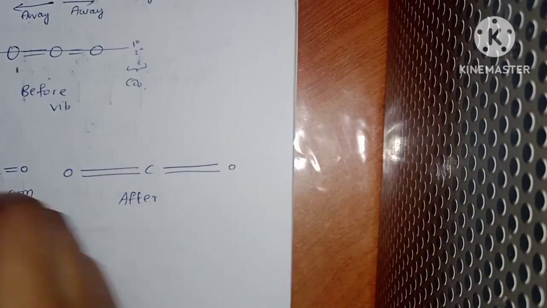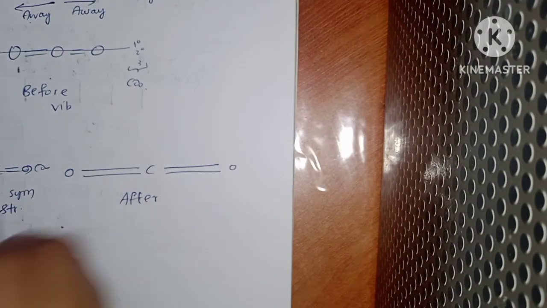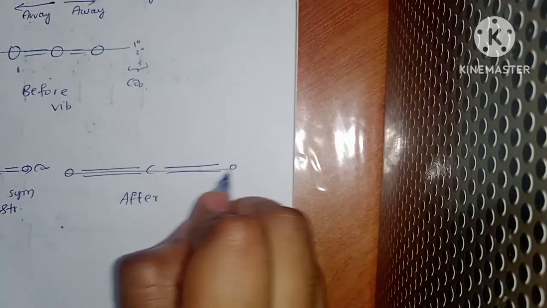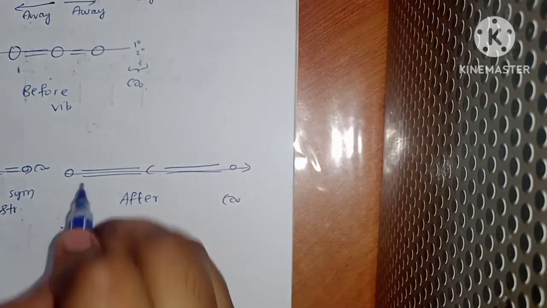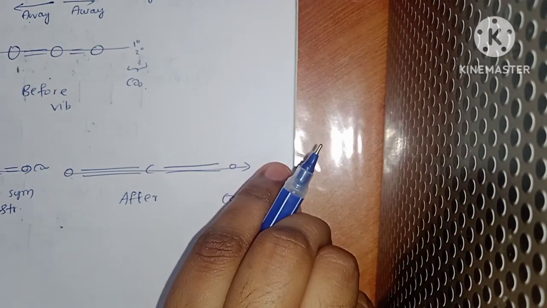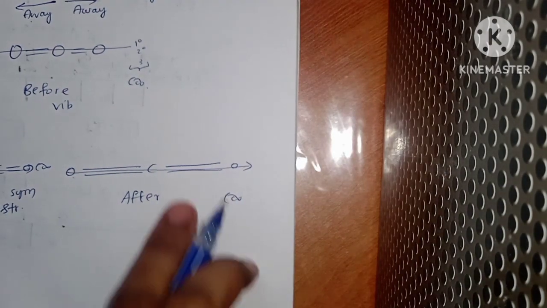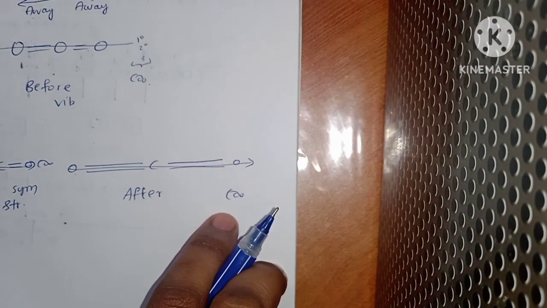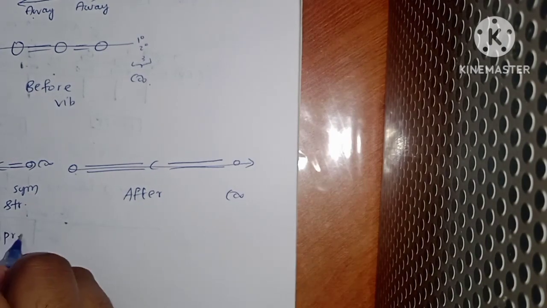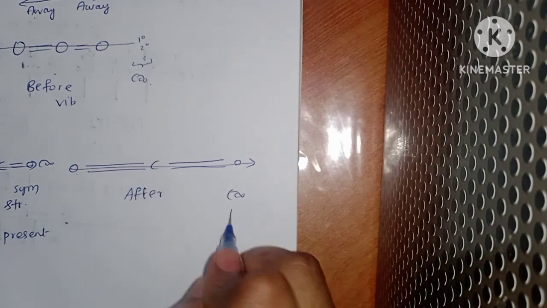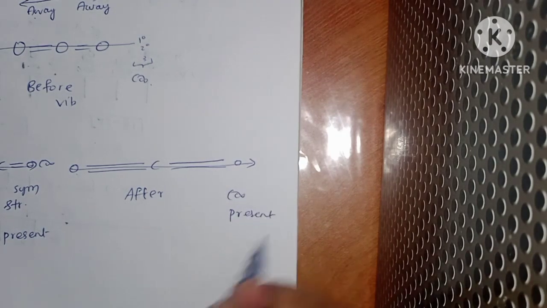Now also here C infinity is possible. After vibration also, C infinity is there. If we rotate these three balls about this axis, no changes are there. C infinity is maintained. So C infinity is present before vibration and C infinity is present after vibration.